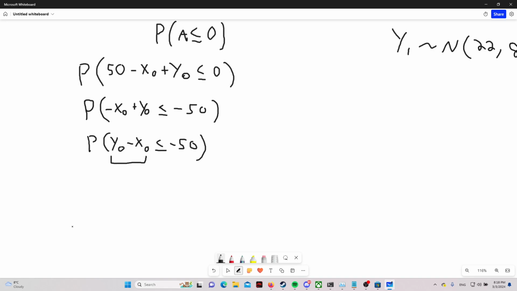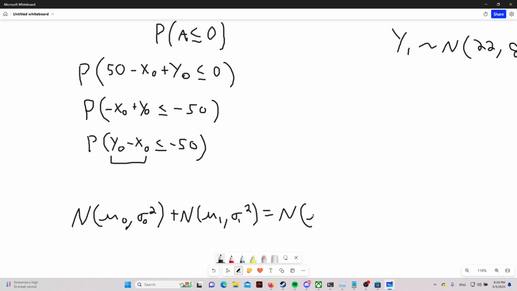But at least in the case of a normal distribution, if we have a normal distribution with mean mu naught and variance sigma naught, plus a normal distribution with mu 1 sigma 1, then this would give us the distribution where the mean is mu naught plus mu 1, and then the variance would be sigma naught squared plus sigma 1 squared.